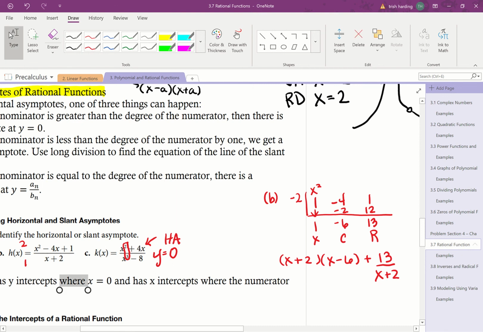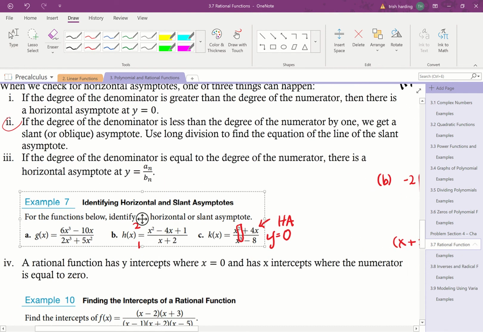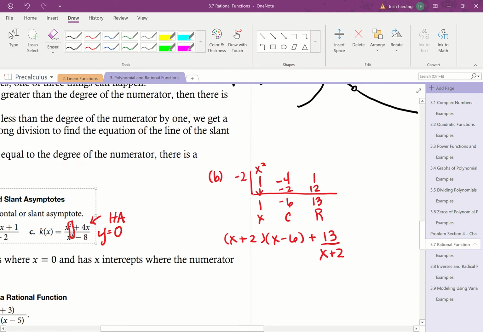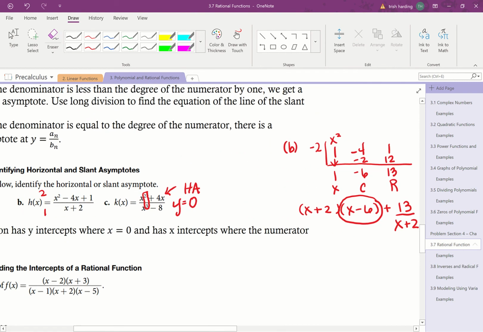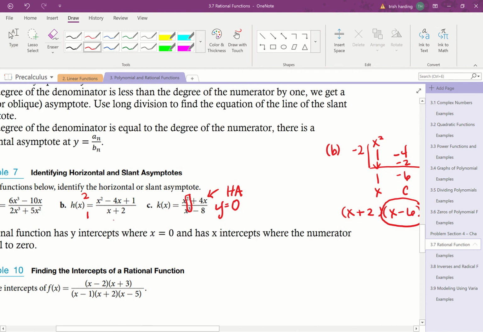So our slant asymptote will be this guy, and that's y equals x minus 6.